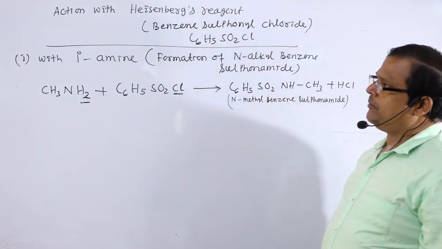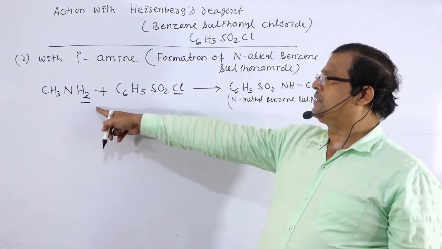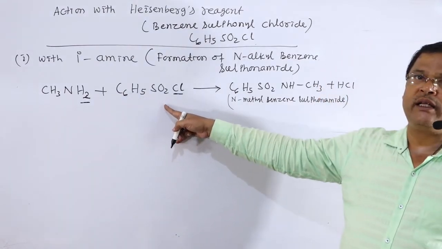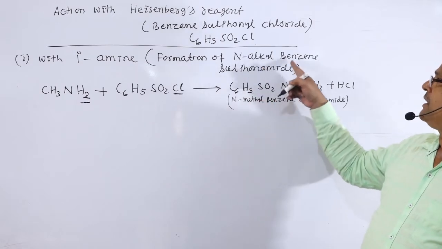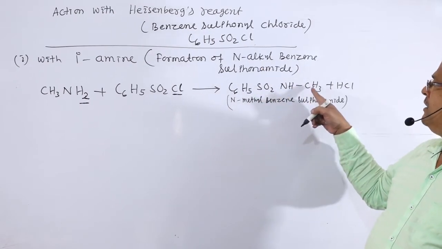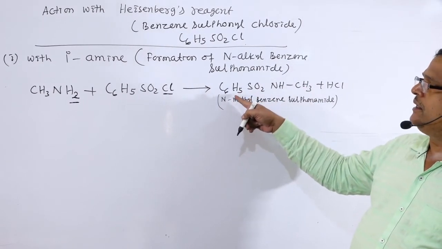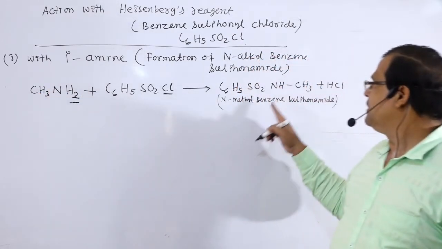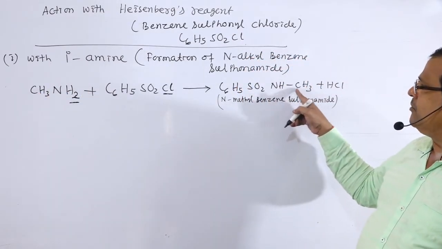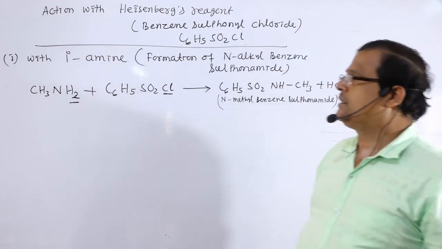So whenever a primary amine reacts with benzene sulfonyl chloride, Hinsberg's reagent, there is the formation of N-alkyl benzene sulfonamide, that is N-methyl benzene sulfonamide. If we take C2H5 in this case, it will be N-ethyl benzene sulfonamide.